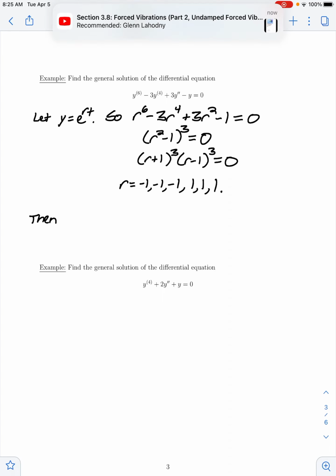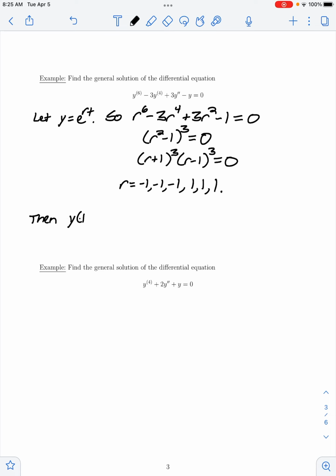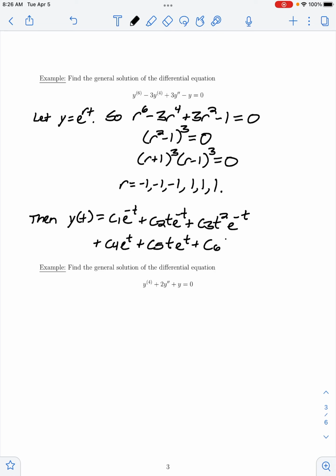So again, in this case of repeated real roots, our general solution would have the form c1 e to the -t plus c2 times t e to the negative t plus c3 times t squared e to the negative t, and then plus c4 e to the t plus c5 t e to the t plus c6 times t squared e to the t.